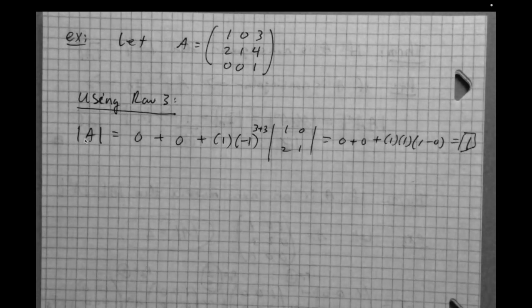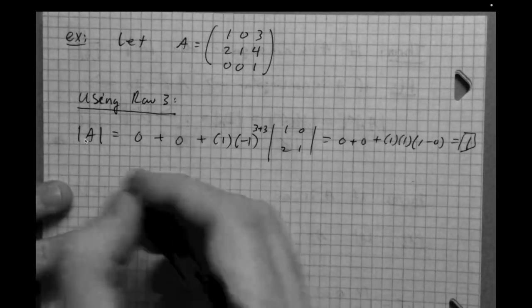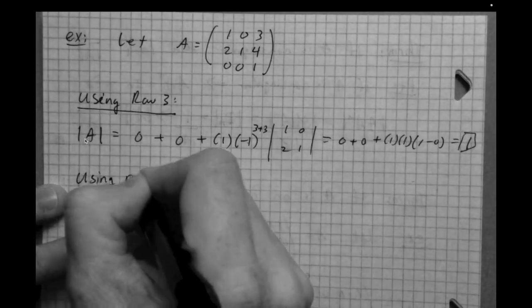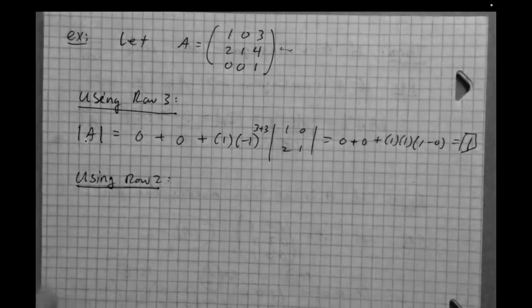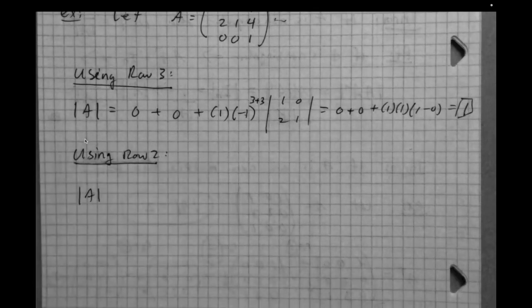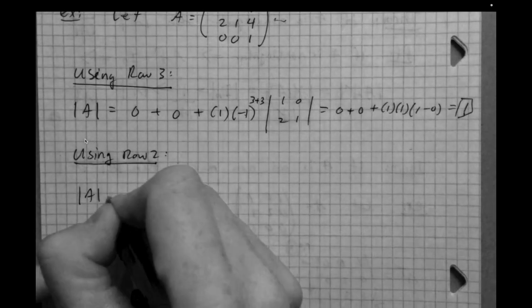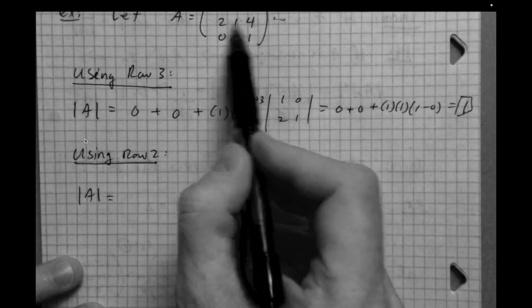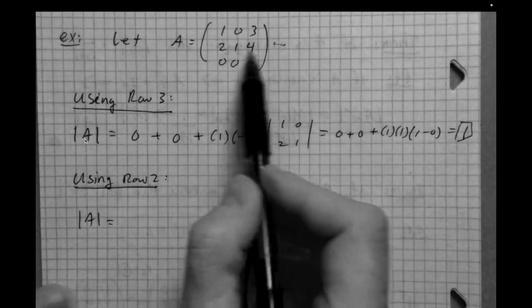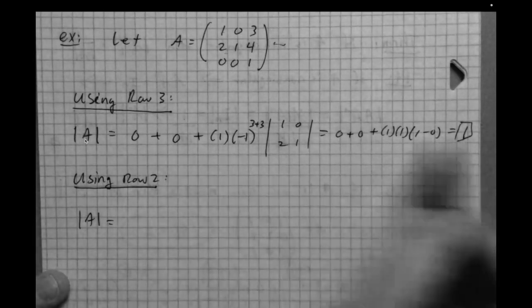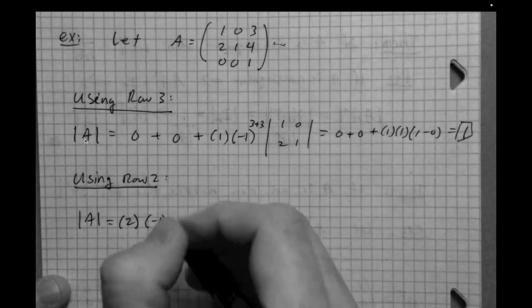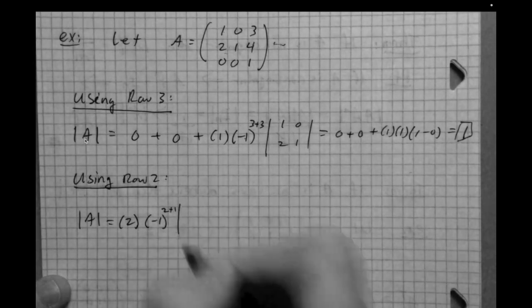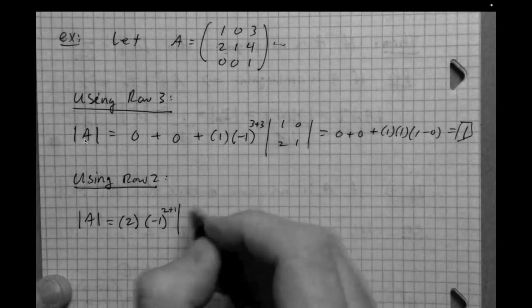Okay. Looks good. Let's use row 2. So let's move up a row. So target the middle row this time. Okay. If we do it this way, the determinant of A is going to be, so again, here we have non-zero entries, right? So this one will be maybe slightly more involved than the previous, but so you're going to have 2 times negative 1 to the 2 plus 1 power, and then the submatrix will be [0, 3; 0, 1].